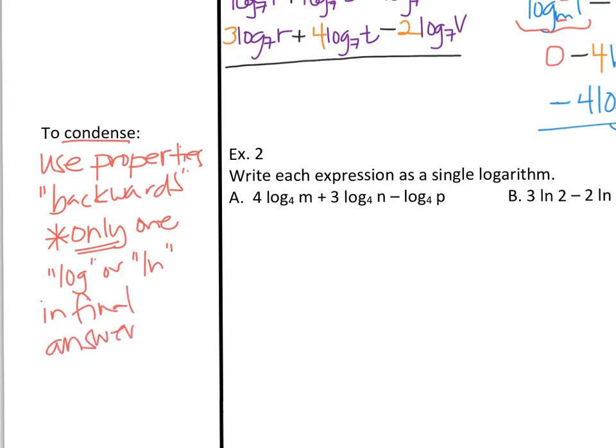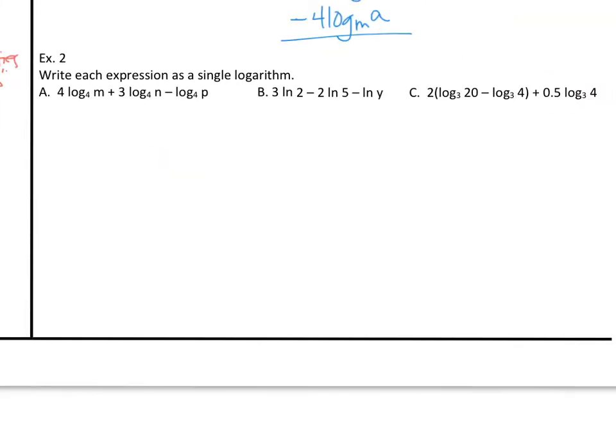So let's take a look at some examples on the right. Write each expression as a single logarithm. When you see this set of directions, that means you're going to condense the expression to one term. And we work backwards with our properties. Now we look at coefficients first. Notice I have a 4 in front of log base 4 of m. That's going to go backwards as an exponent.